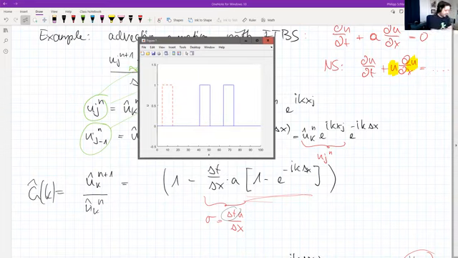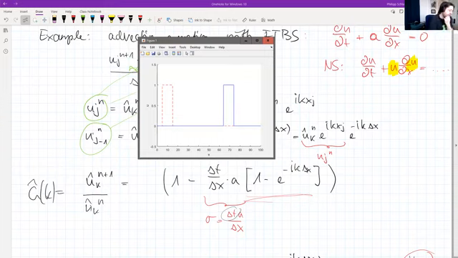Now, what I would like to show you here is the evolution of an initial condition, which is this red dashed line, kind of a top hat function, just 0, then it goes up to 1 and then to 0 again. And I would like to show you the time evolution of this initial condition under the effect of the advection equation as a function of time.